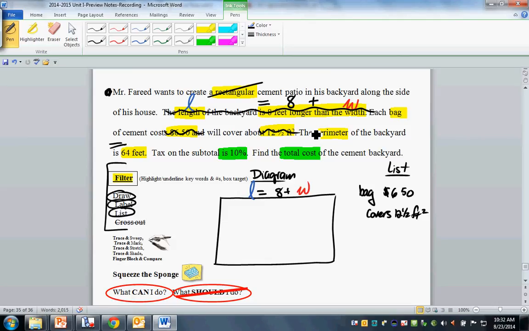The perimeter of the backyard is 64 feet. So that's our length. Here's our width. Ready? Put your pencil right here. Walk it around. Go around, go around, go around, go around. And that, right, perimeter equals 64 feet.